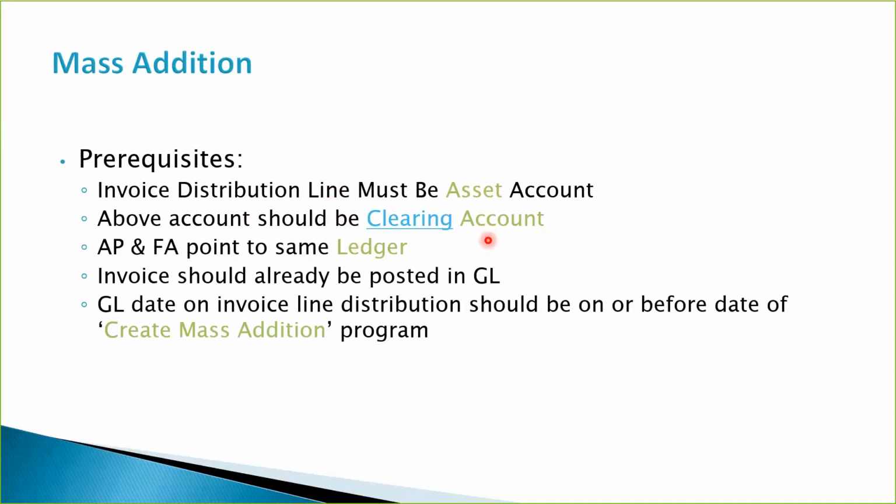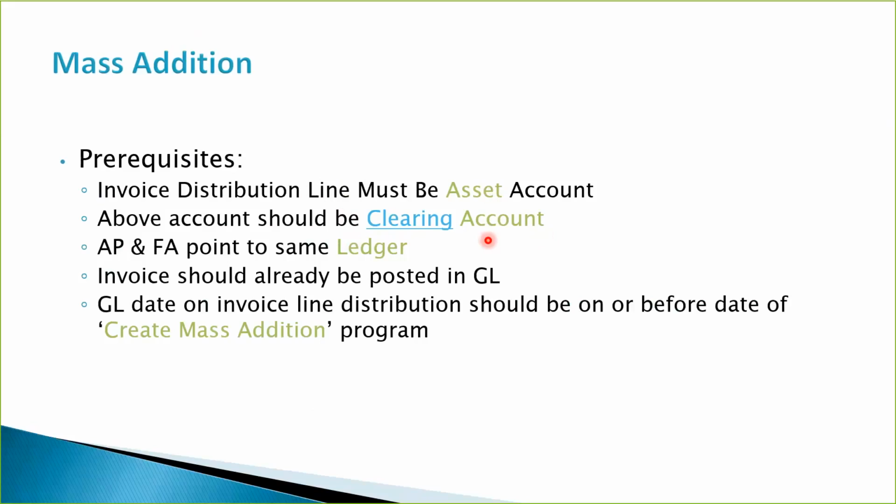So remember, what is going to happen is we are entering an invoice. In that invoice, we are going to enter a distribution line, which is going to be a clearing account.